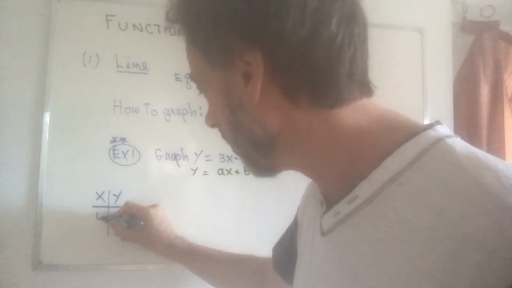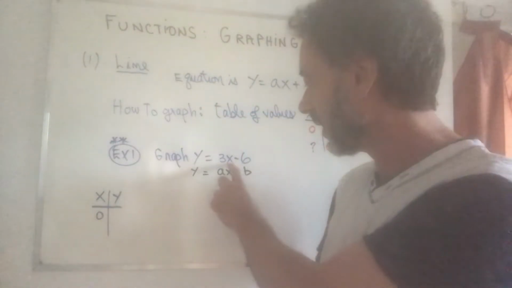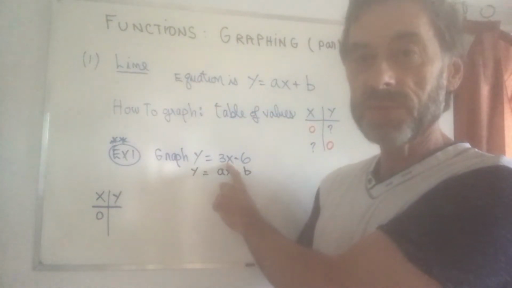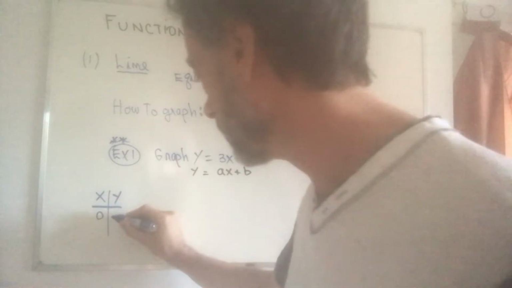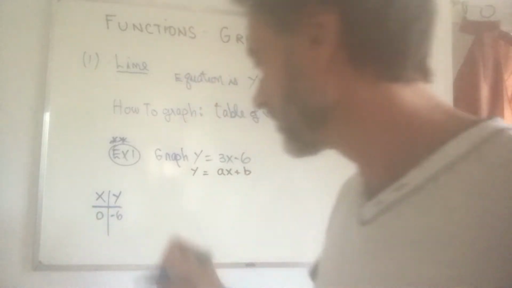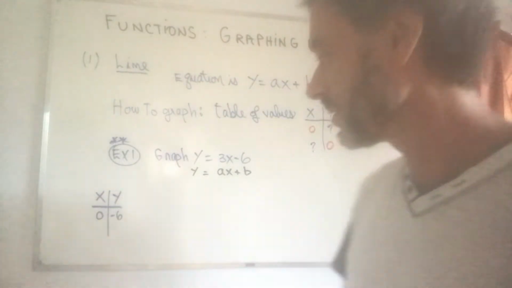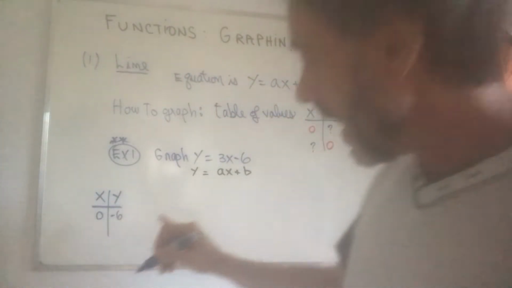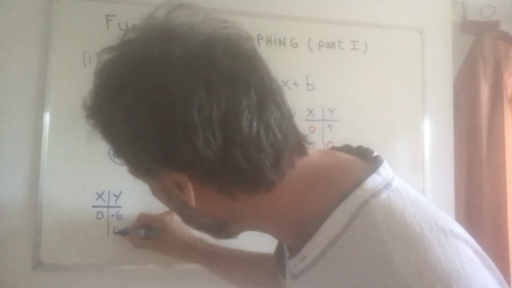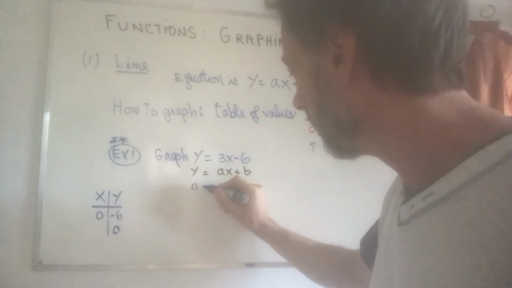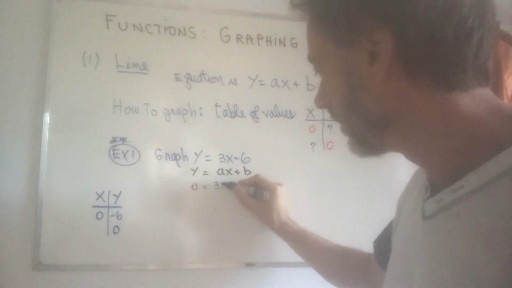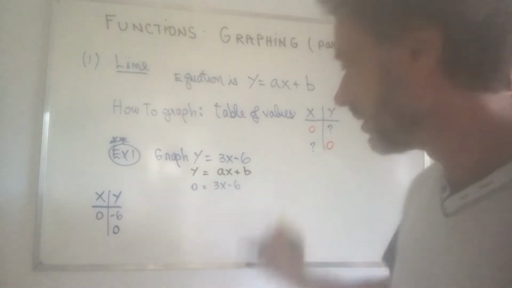If x is 0, let us find the y. We're replacing x by 0. 3 times 0 would be 0, wouldn't it? And minus 6, so 0 minus 6, it's the y-intercept. It makes full sense. And if y is equal to 0, then this time I've got 0 is equal to 3x minus 6.